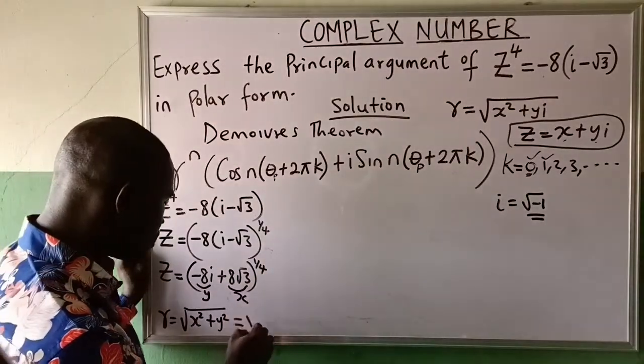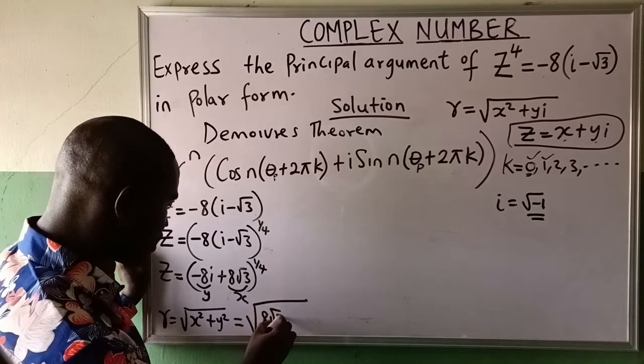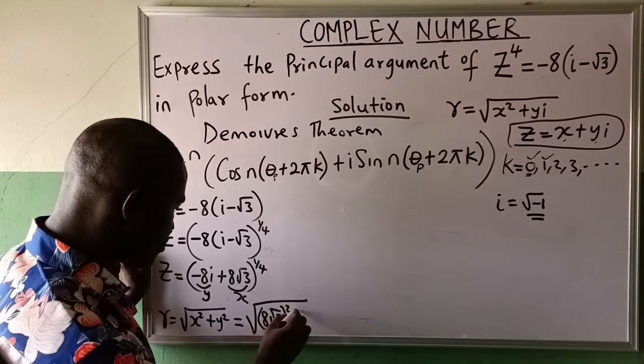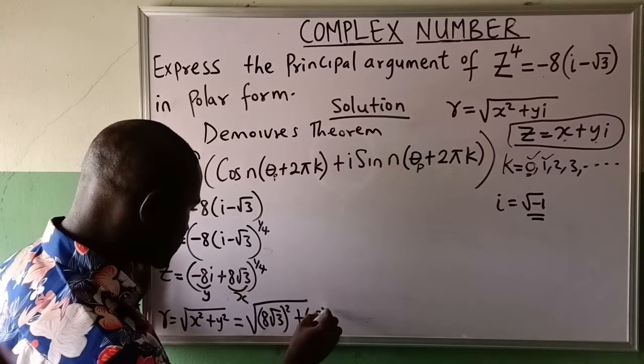So what we'll be having is the square root of my x, which is 8 root 3, squared, plus my y, which is minus 8, all squared.